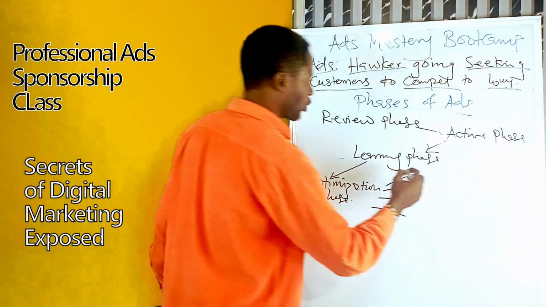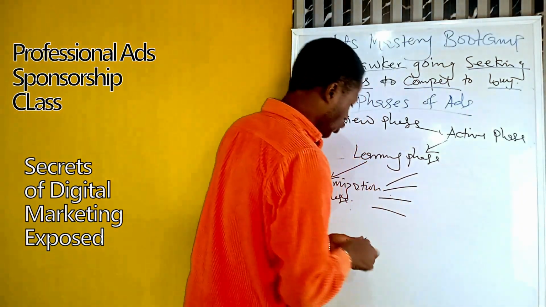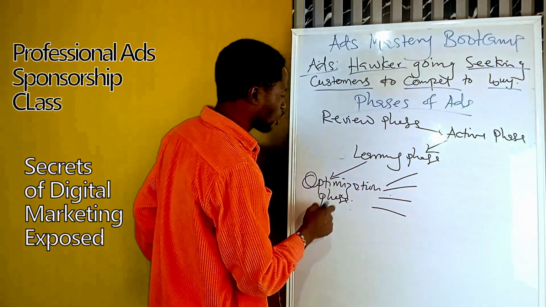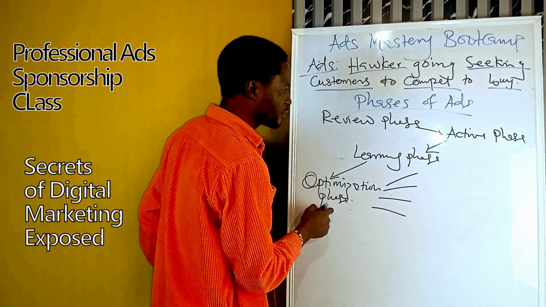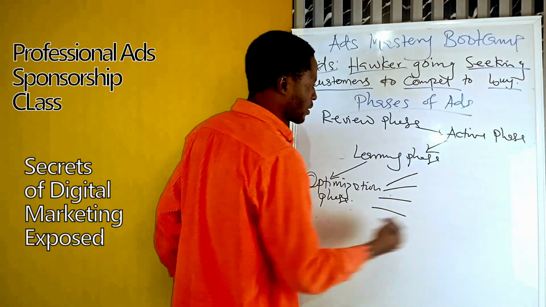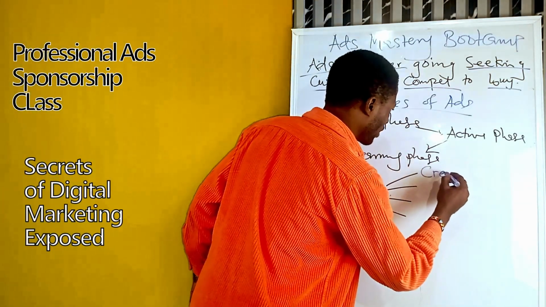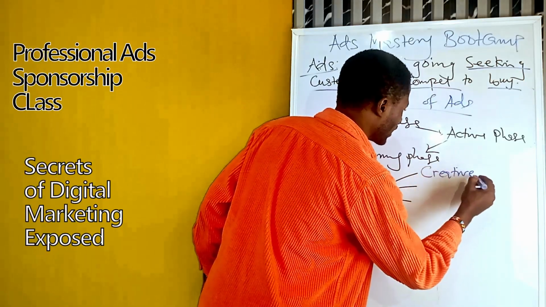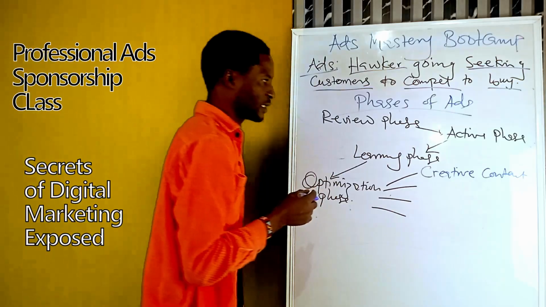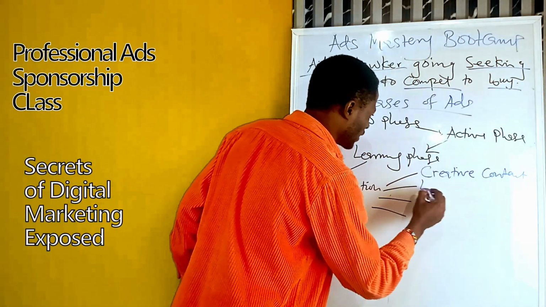Now, number one, we mentioned earlier your creative content. So, for you to have good conversion at the optimization phase, when your content appears before the right customers, your creative content, like we mentioned, means the message that you said in your content. Another one is your landing page.